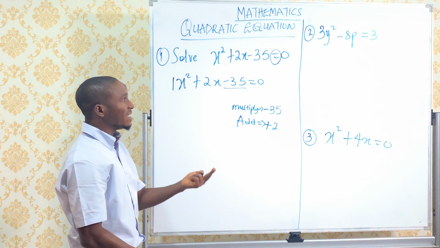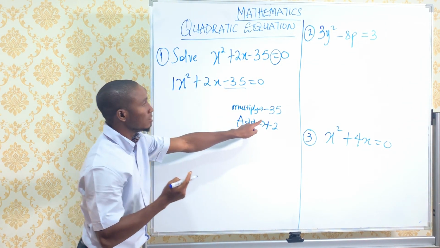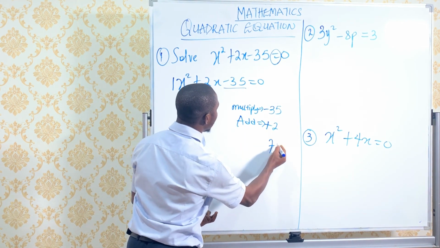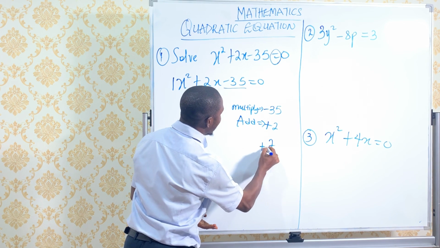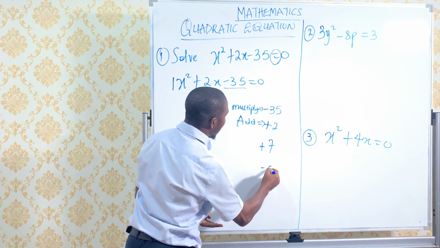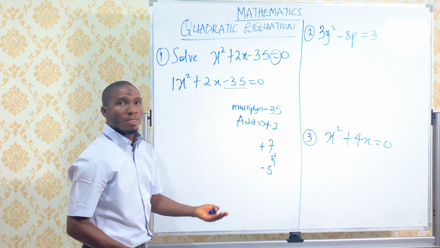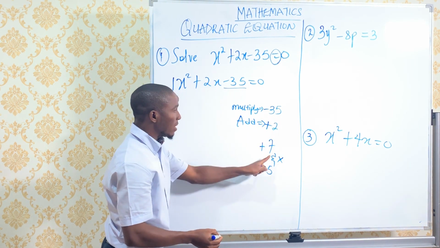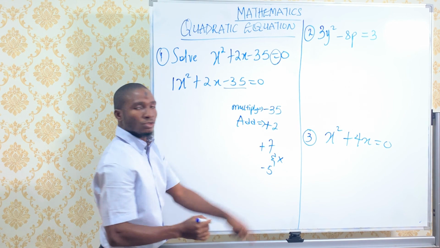So you think of two numbers that when you multiply them together, you have minus 35, and when you add, you have plus 2. You can think of 7 and minus 5. When you multiply these two numbers together, you get minus 35, and when you add them, you get plus 2.